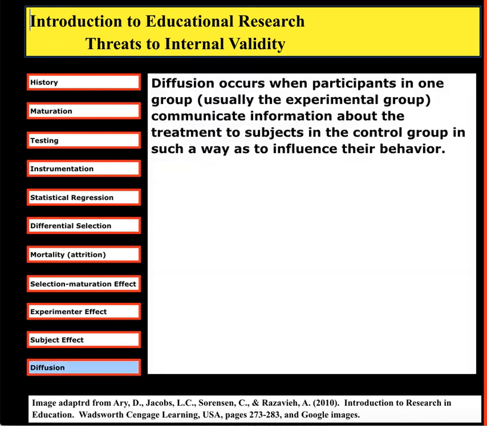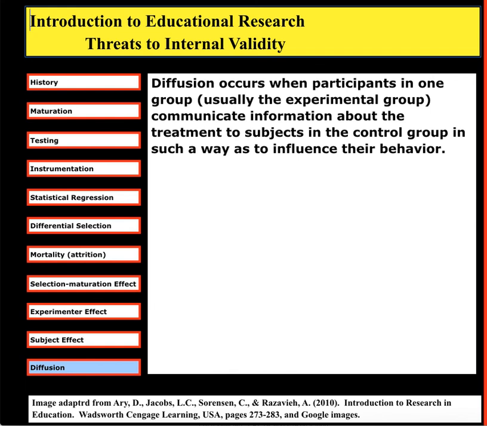And our final one is called diffusion. Diffusion occurs when participants in one group, and it's usually the experimental group, communicate information about the treatment to subjects in the control group in such a way as to influence the control group's behavior. So a teacher may have two classrooms, and one teacher is using teaching method A and the other one is using teaching method B, and the one using teaching method A is all excited about the teaching method and is talking to the other teacher about how wonderful this teaching method A is.